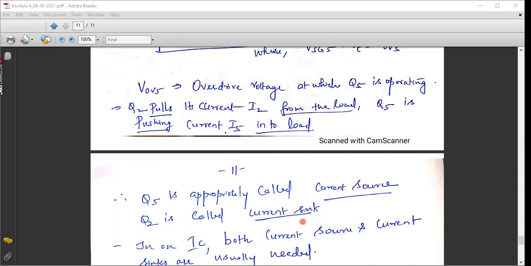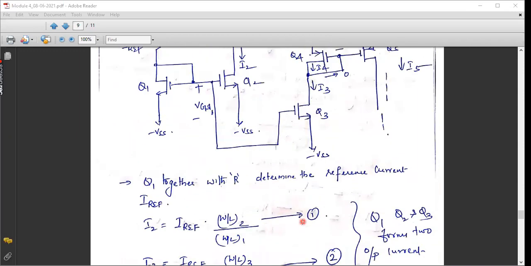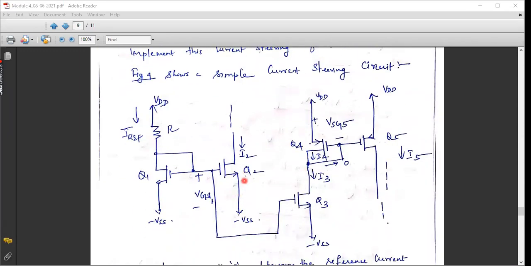They are actually needed in manufacturing an IC. By using these current steering circuits, we have incorporated the current sink as well as the current source circuits by making use of the transistors Q2 and Q5. So this is the working of a simple current steering circuit.